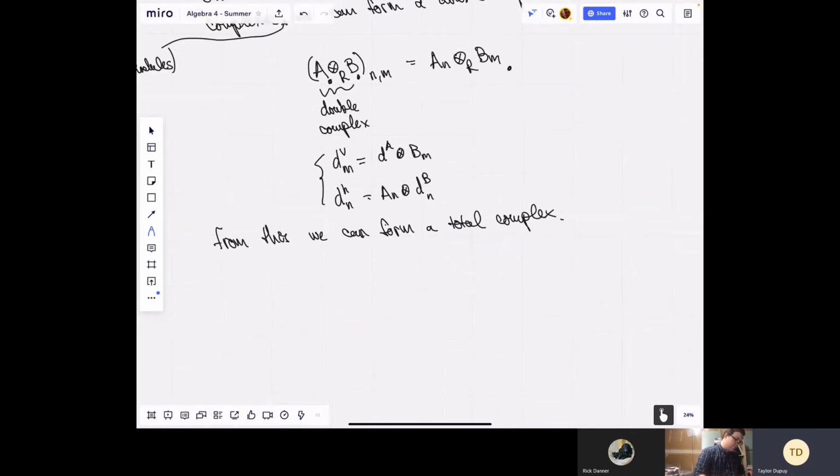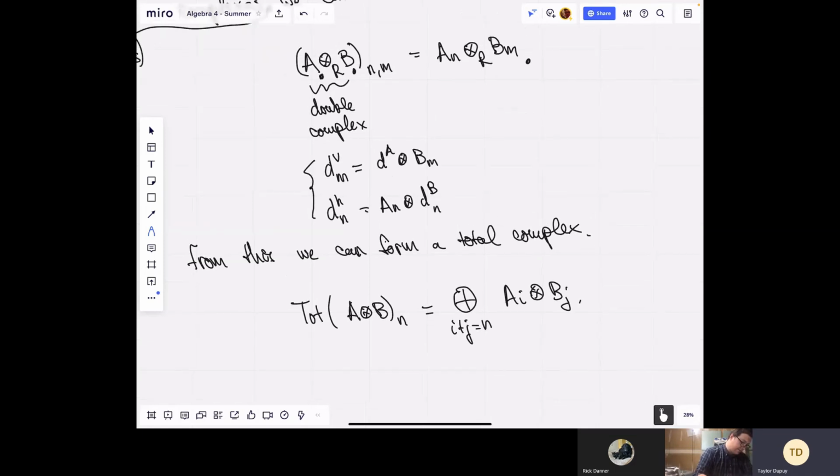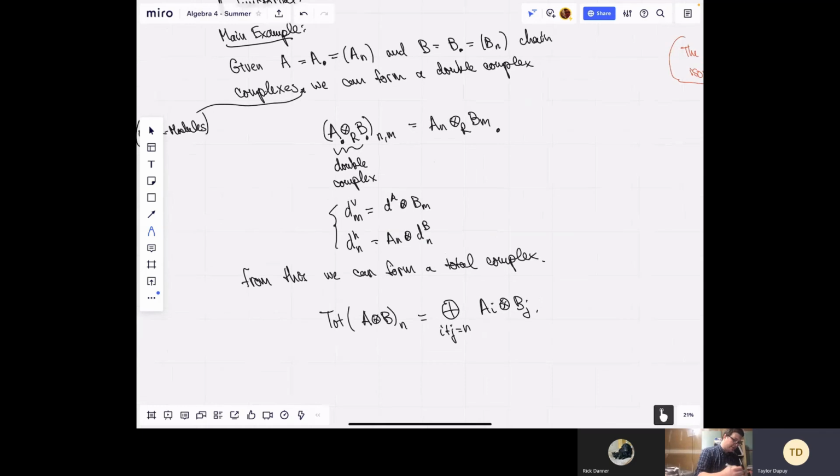For concreteness, the total complex of A tensor B in degree n is the direct sum of i plus j equal to n of A_i tensor B_j. These are the pieces of the total complex. So you can take two chain complexes; if we had two resolutions, I can make a total complex out of those things.